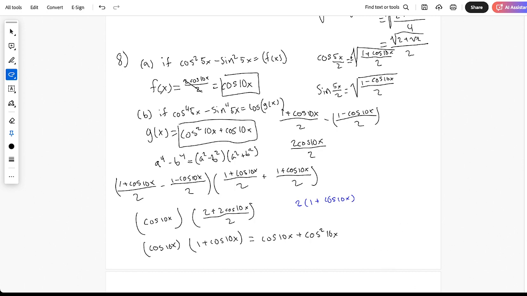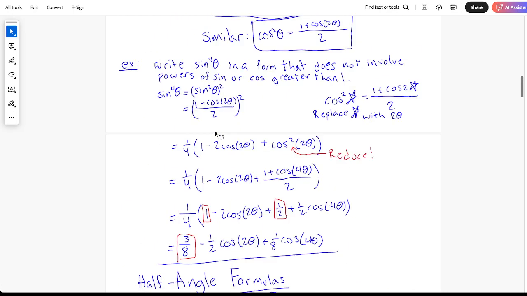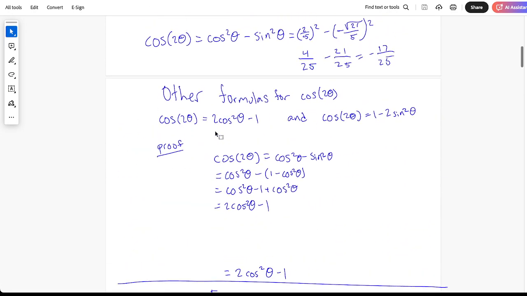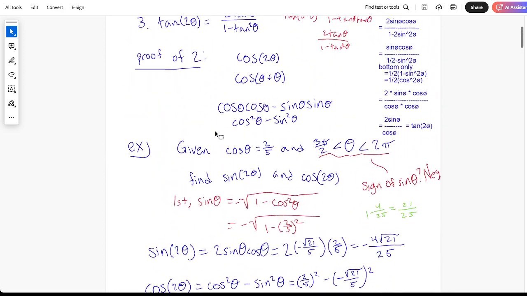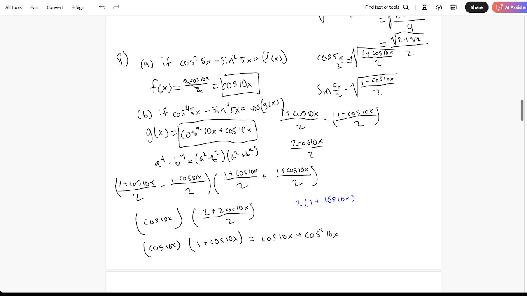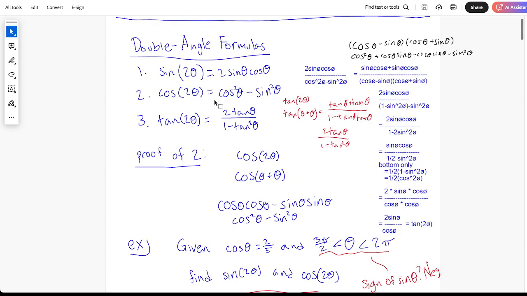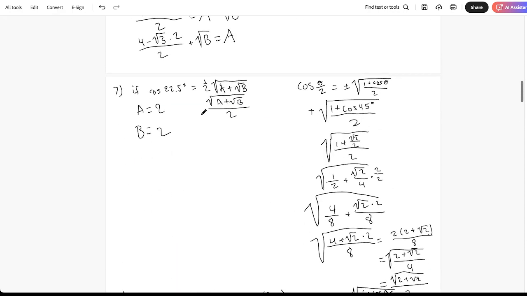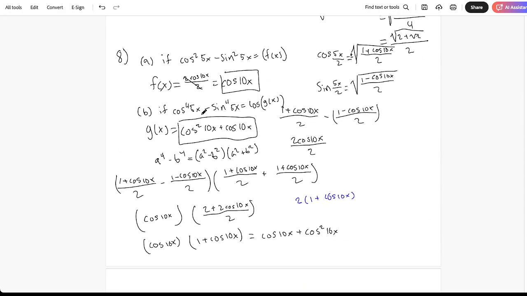Okay, in the hints, it's telling me that I need to recall a formula. Oh, would you look at that, guys? Cosine squared of theta minus sine squared of theta is equivalent to cosine of 2 theta. Oh, that's frustrating.